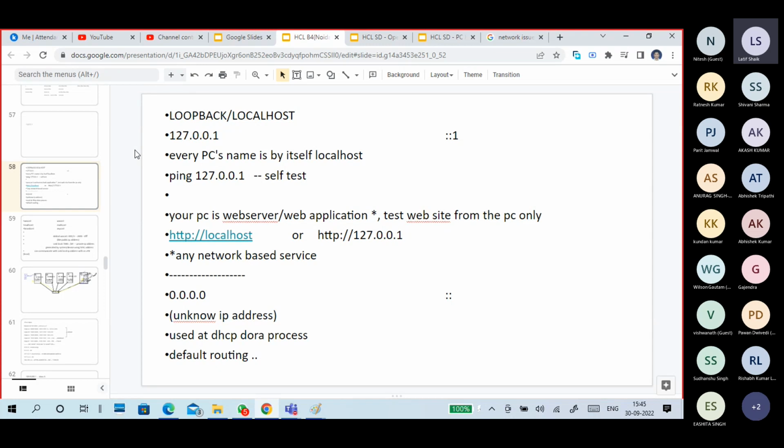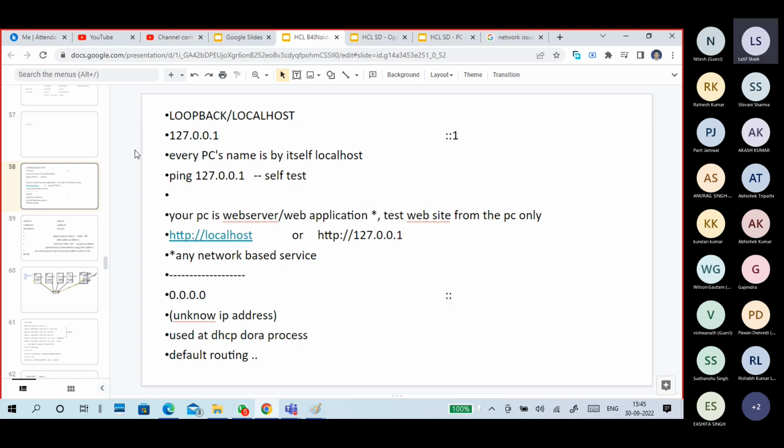If you ping 127.0.0.1, it is like a self-test. If you have a web browser in your PC and you want to access it, you can use http://localhost or 127.0.0.1. Generally, not every network base, but generally.